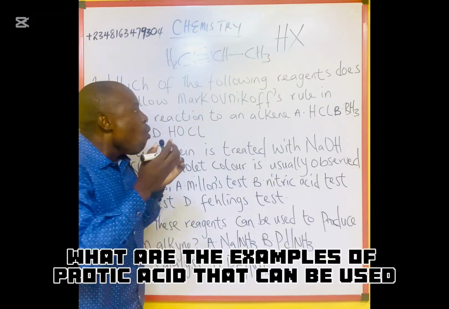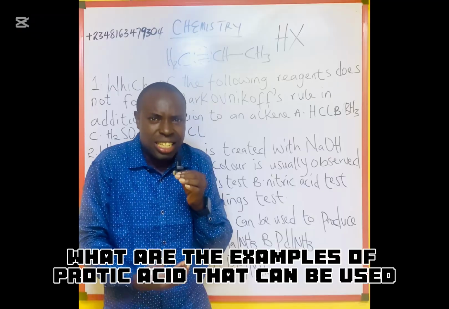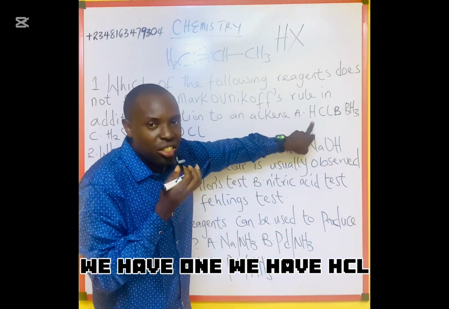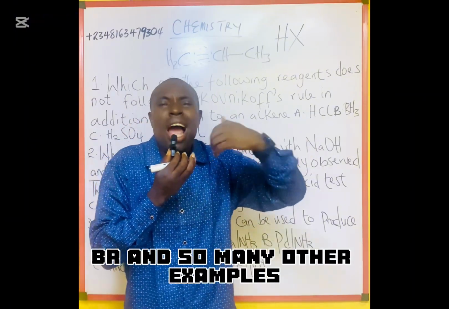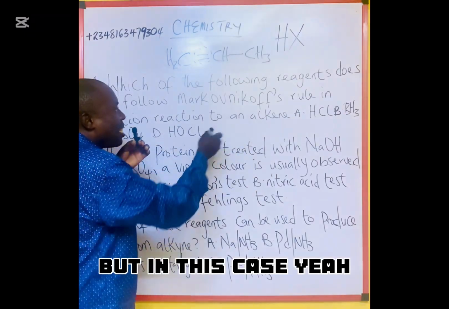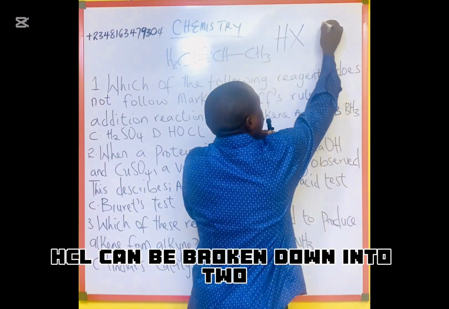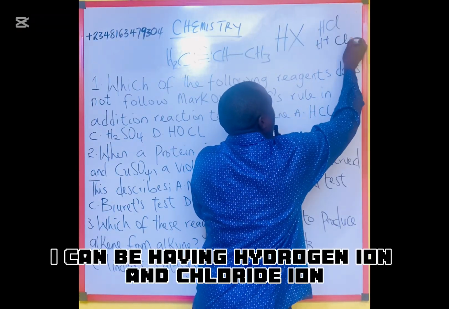Now, what are the examples of protic acid that can be used? We have HCl, right? We also have HBr and so many other examples. But in this case here, HCl can be broken down into two. So if I'm having HCl, I can be having hydrogen ion and chloride ion.